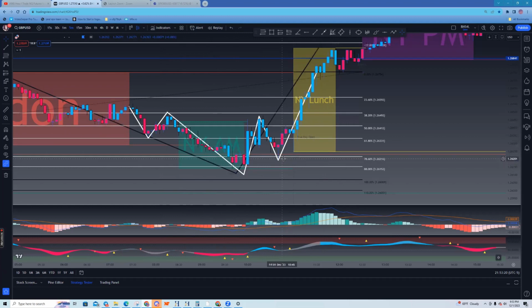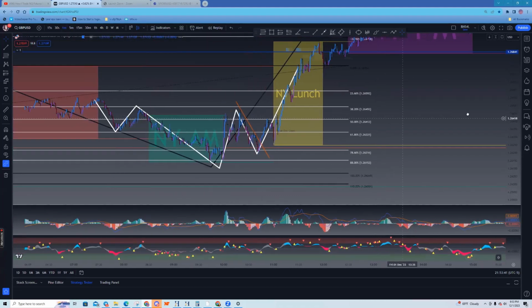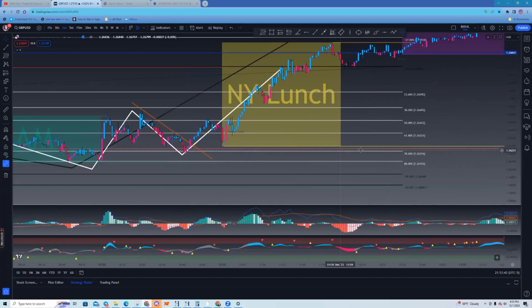Once I got that pullback, I would have drawn my trend line like this on top of those wicks, just like that. Get some touches in like that. Then you could drop down to the 1 minute and see how that looks. So it would have looked something like that.